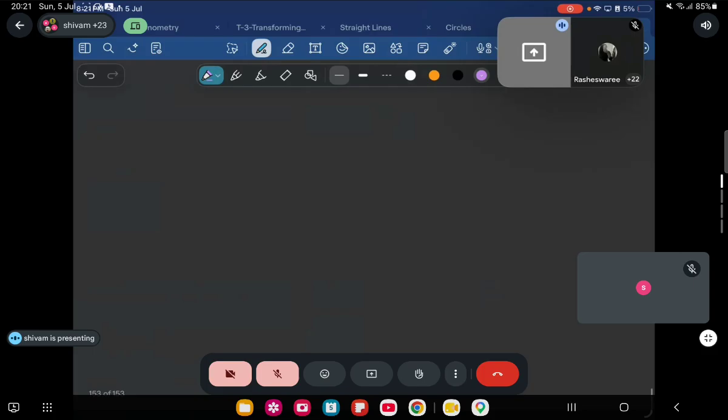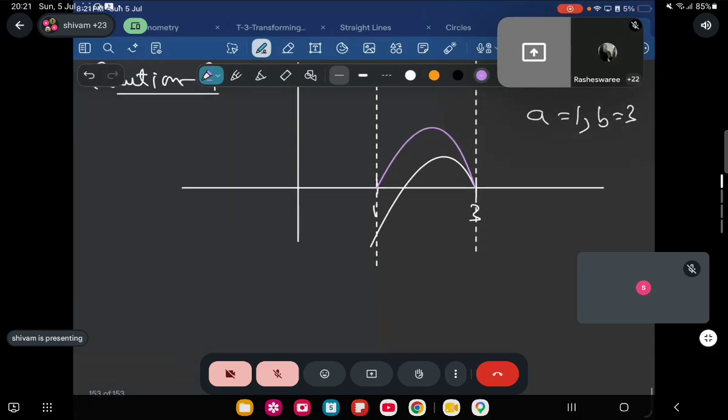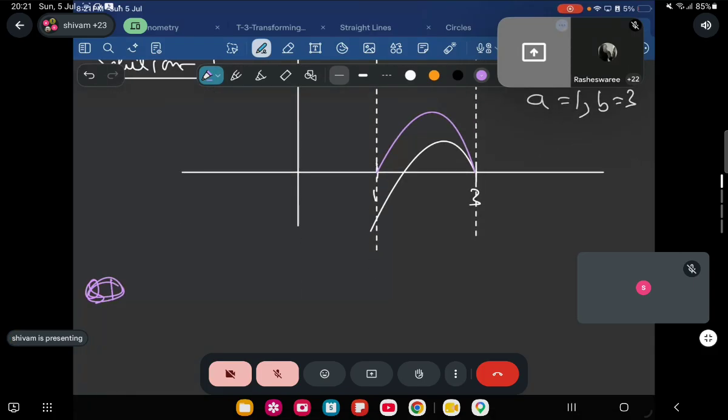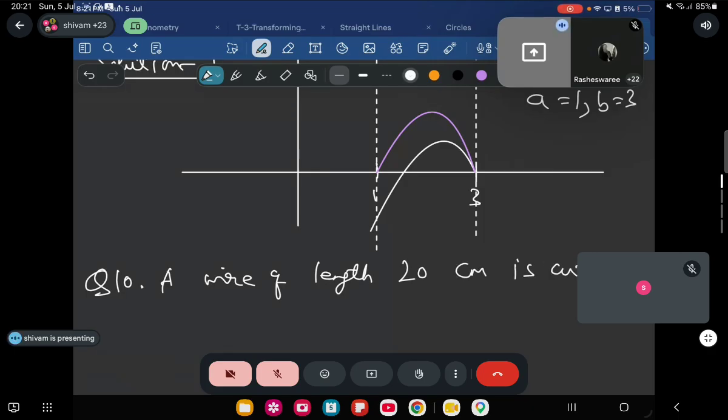Next, question number 10. A wire of length 20 centimeter is cut into 2 pieces.